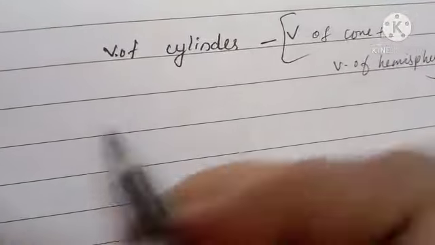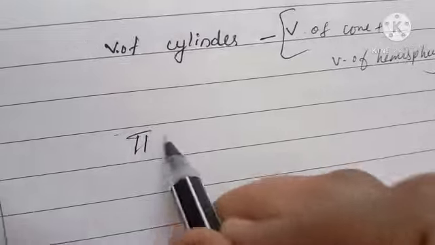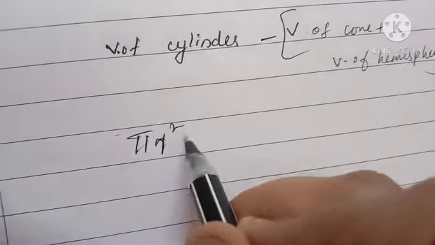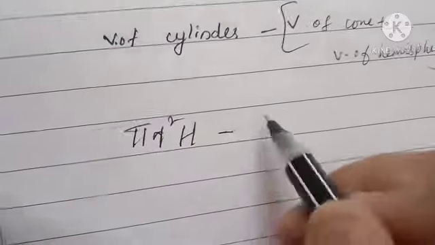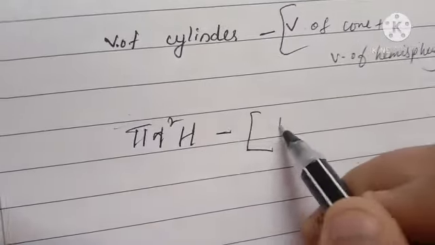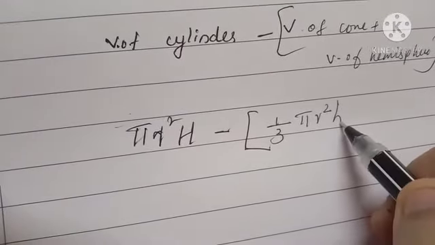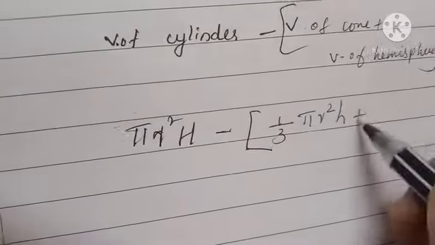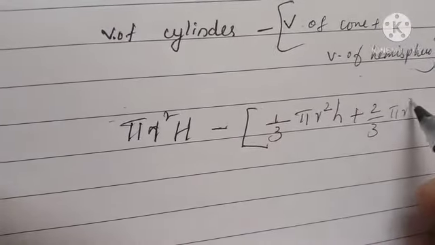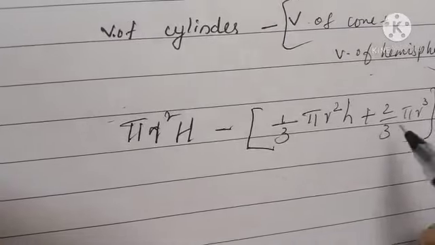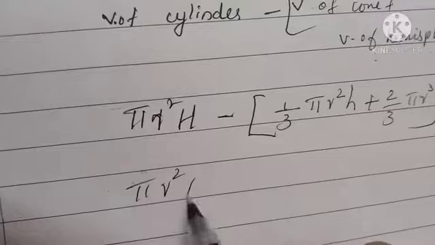Then we substitute the formulas. Volume of cylinder is pi r square H, capital H for the height of the cylinder, minus volume of cone, 1 by 3 pi r square h, plus volume of hemisphere, 2 by 3 pi r cube. R is common for all, so we use small r itself. Now we simplify.